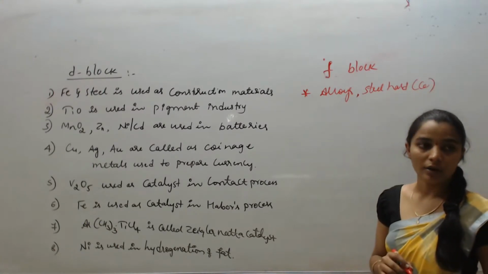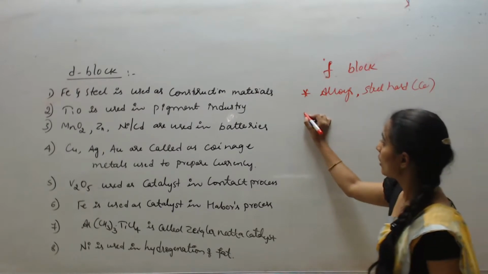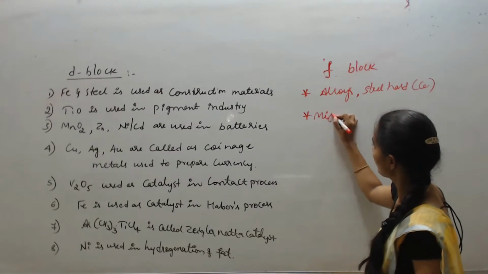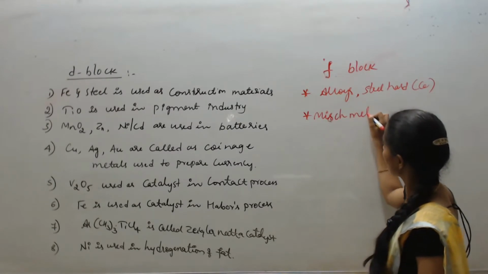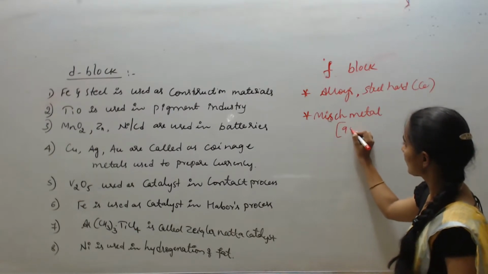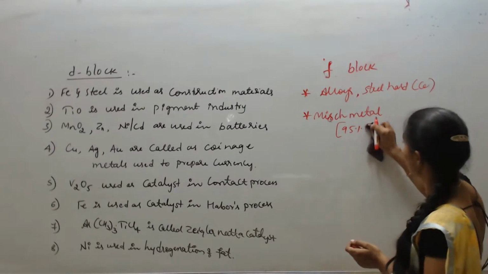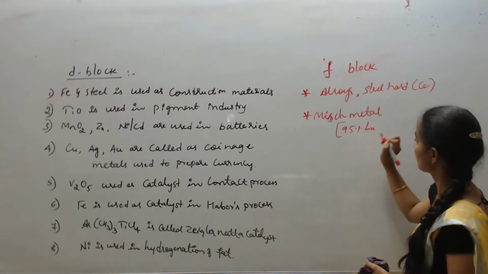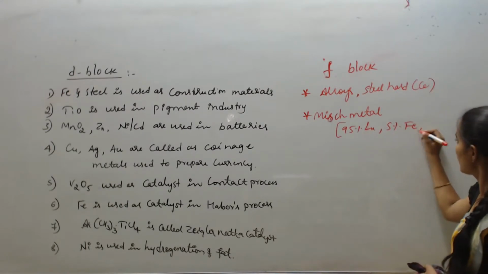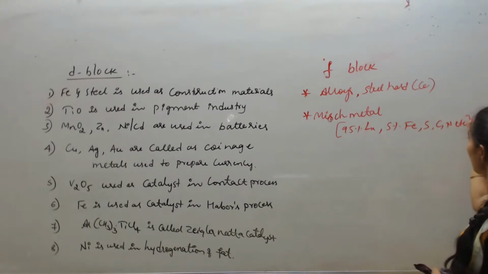It is used as a construction material and used in alloys. The very famous alloy of this f block element is mixed metal. This mixed metal is made up of 95% f block elements, especially lanthanides, 5% iron. Remaining is sulfur, carbon, nitrogen, etc.